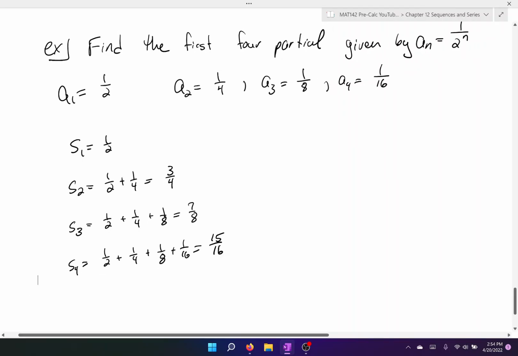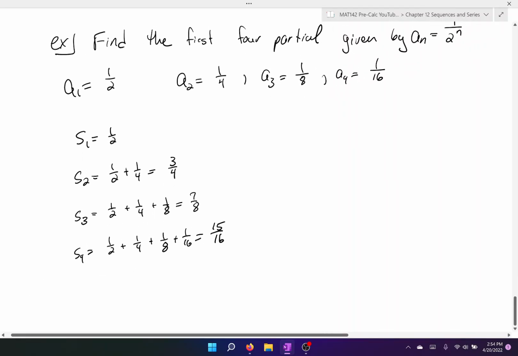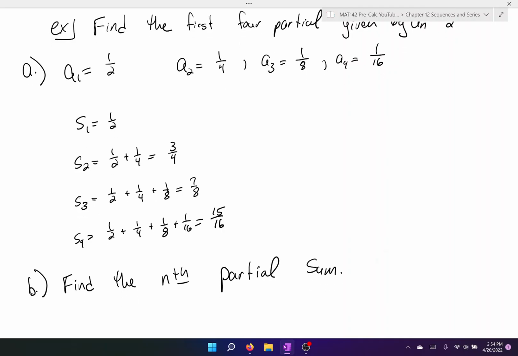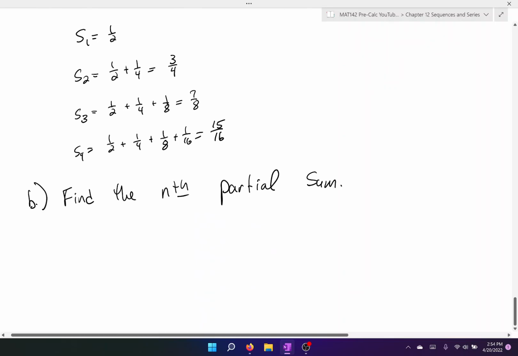Now, if we wanted to extend this problem a little further, okay, so let's just say this was part A. Part B is going to be find the nth partial sum. Well, what we have to do here is we have to take our outputs for each one of the partial sums and create a sequence off that.